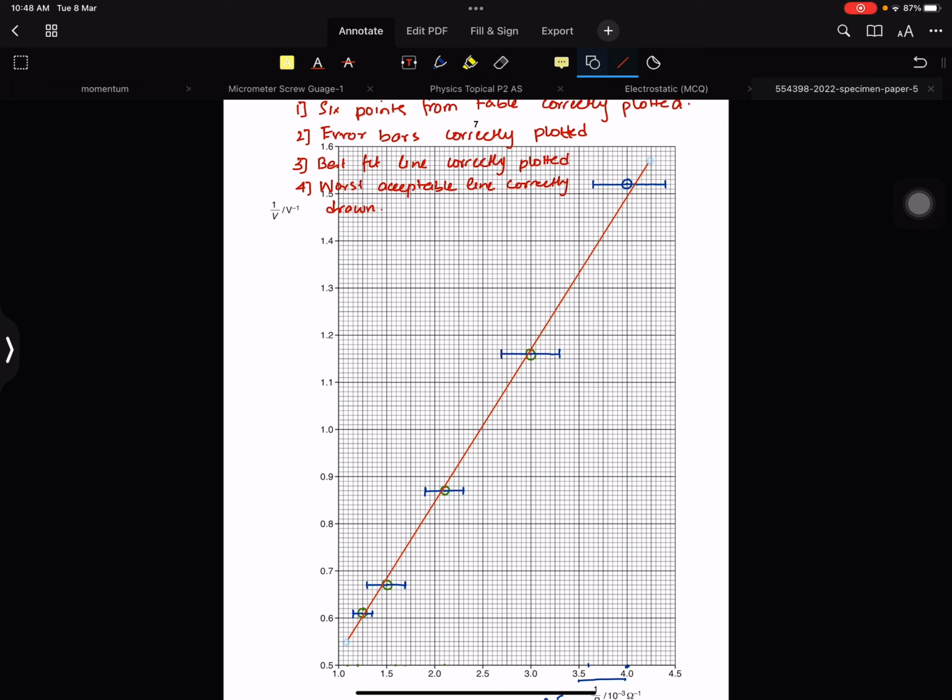Now if you check this out, what I've basically done is tried to have 2 of my points on the top of the line and 2 of them at the bottom of the line.